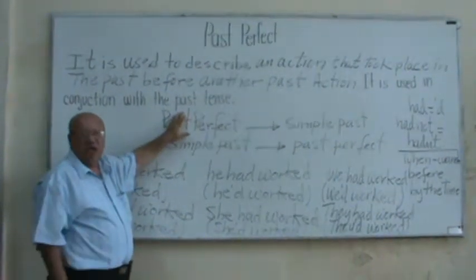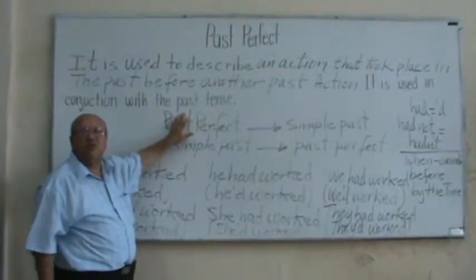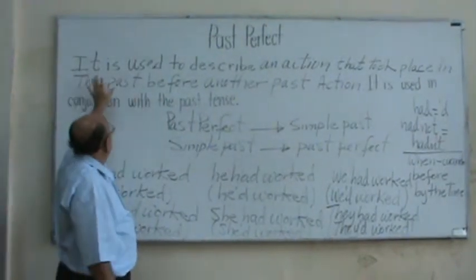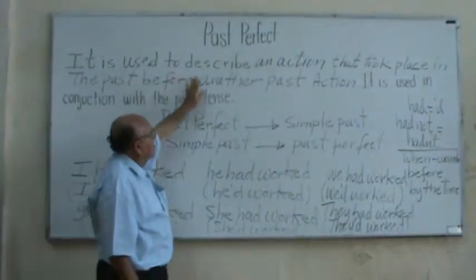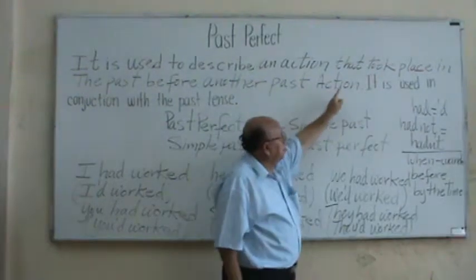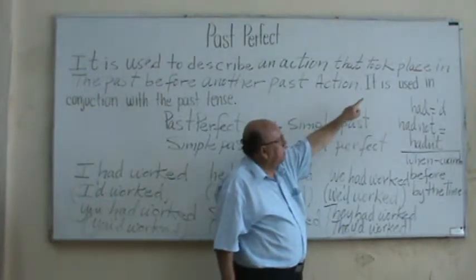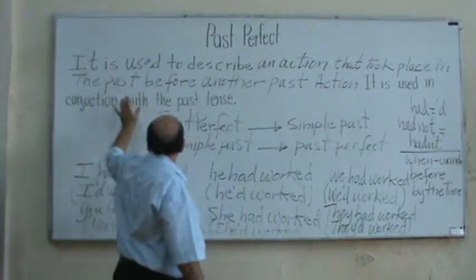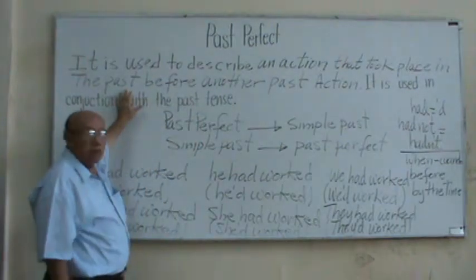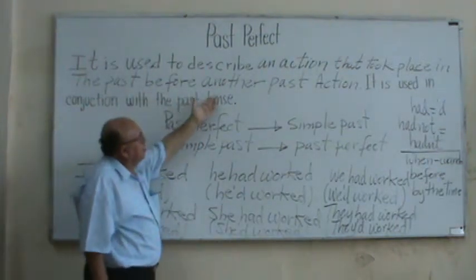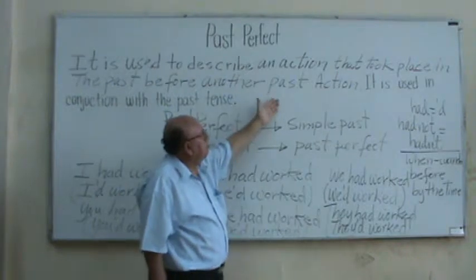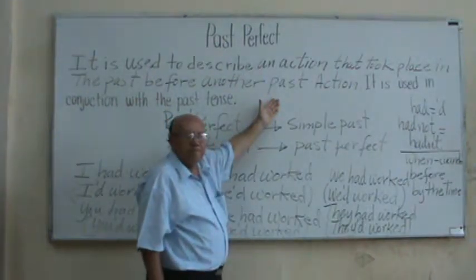Now, let's go to Spanish so that my Mexican students understand. Se usa para describir una acción que se llevó a cabo en el pasado, antes que otra acción pasada.